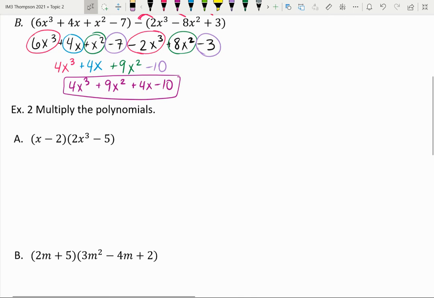Now you've got choices when you multiply. I'm going to do the first one using the box and just straight multiplying by distribution. You can pick whichever method you want. You don't have to write them both down.